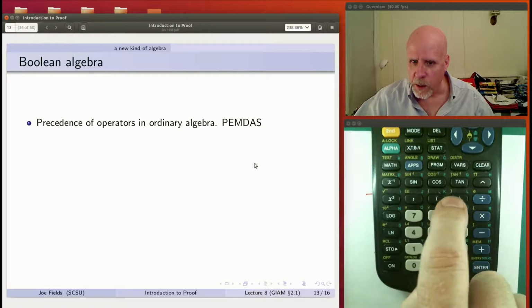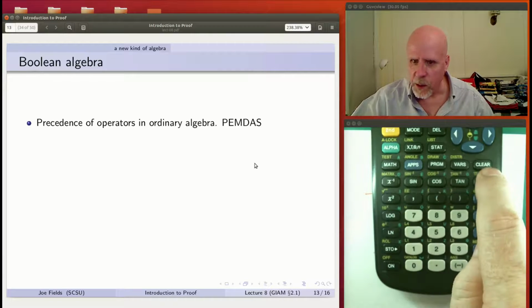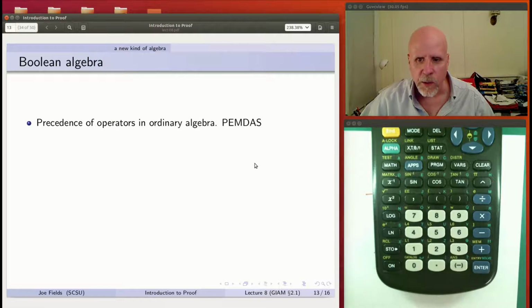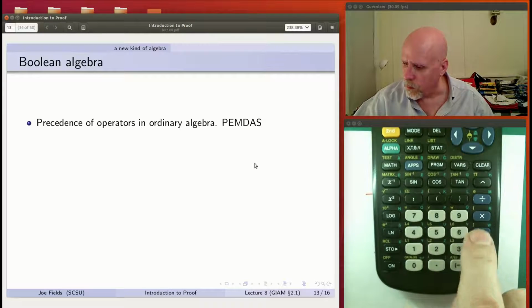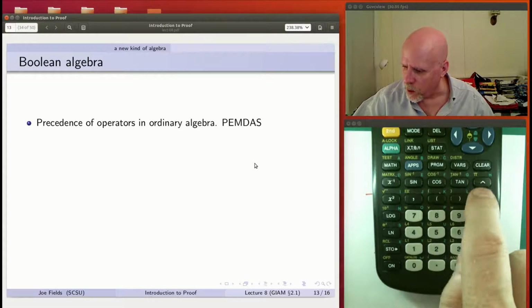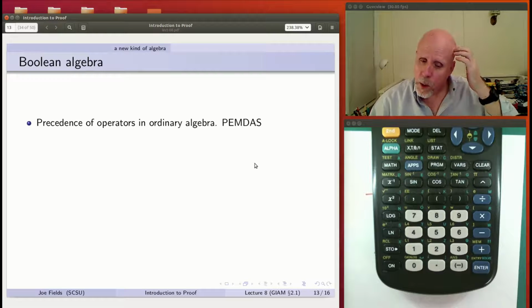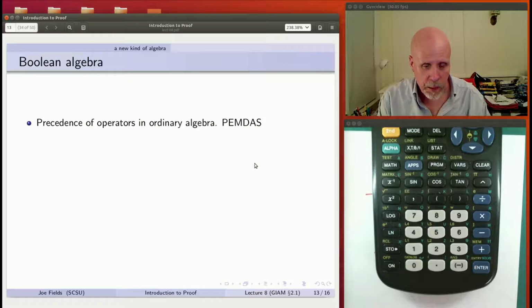Here's your parentheses, and then there's your exponent, times and divides are next, and then minus and plus are after that. So it's got a little bump in it, but basically go across and then down. That's the order of precedence. What does that really mean?